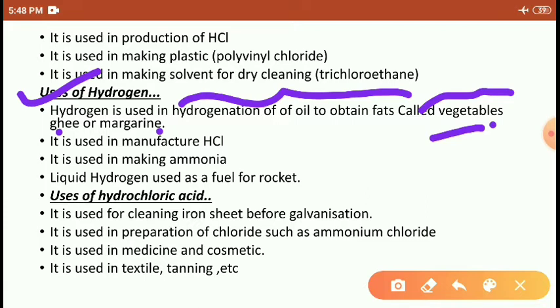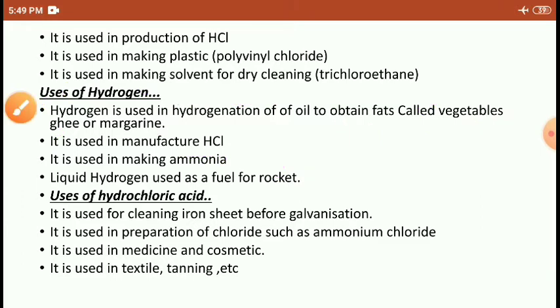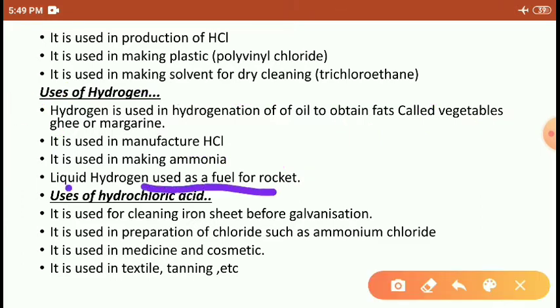Students? Okay, and hydrogen is also used in the manufacture of HCl. Hydrogen combines with chlorine to form HCl. Hydrogen is also used in making ammonia. Ammonia means NH3, students. And liquid hydrogen is used as a fuel for rockets. So in rockets, hydrogen gas is used as the fuel.